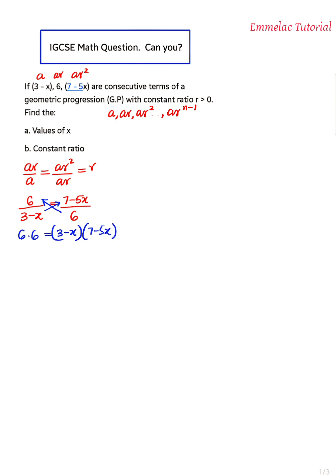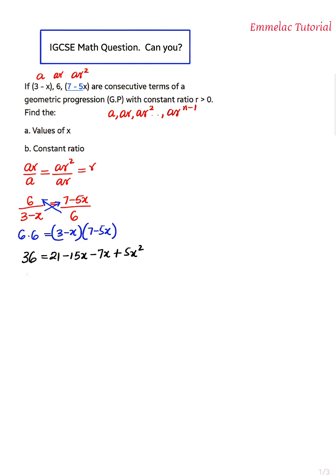For the left hand side we have 36, which equals, expanding this bracket, we start with 3 times 7, which gives us 21. 3 times negative 5x gives us negative 15x. Negative x times 7 gives us negative 7x. Negative x times negative 5x gives us positive 5x squared.